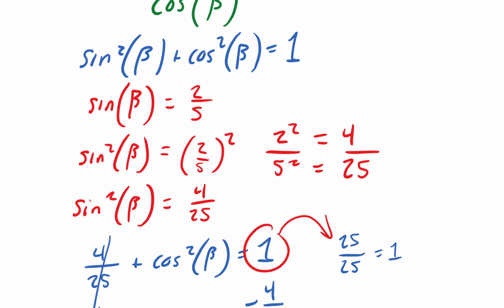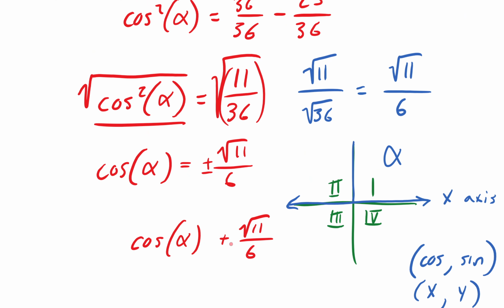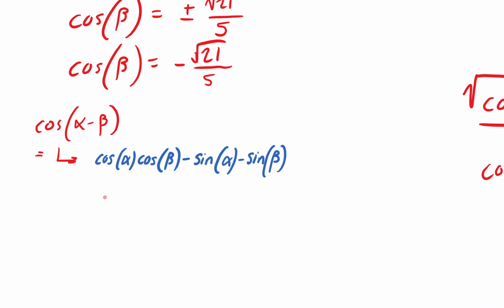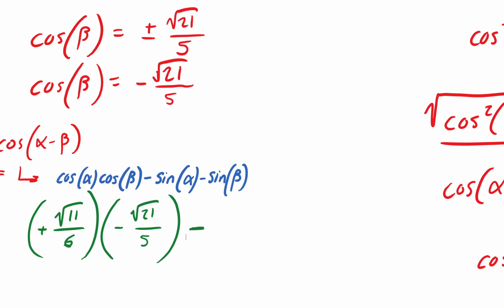What is cosine of alpha again? Over here, cosine of alpha is root 11 over 6. So let's put, I'll do it in green, root 11 over 6, and it's positive. And we'll multiply it with cosine of beta, which is negative root 21 over 5. And we'll subtract that from sine of alpha.